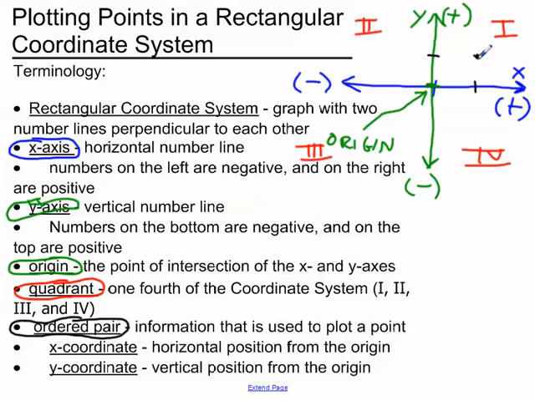For any specific point, we're going to have an x-coordinate and a y-coordinate, and they correspond exactly to that one point. The same holds true for the reverse. If we've got a point, then the x point and the y point correspond exactly to that point itself.